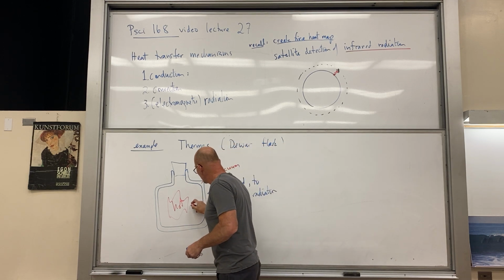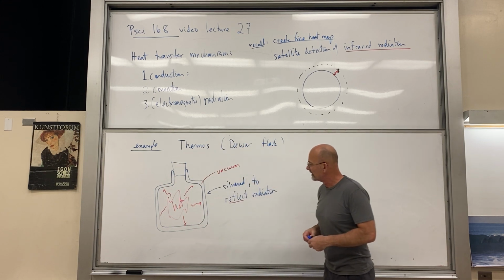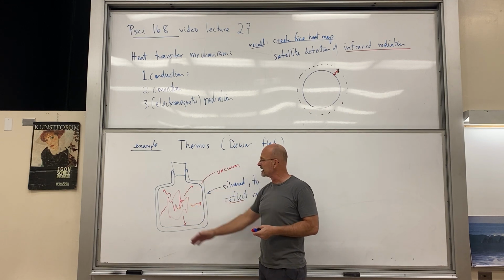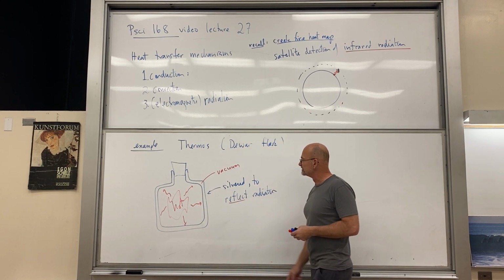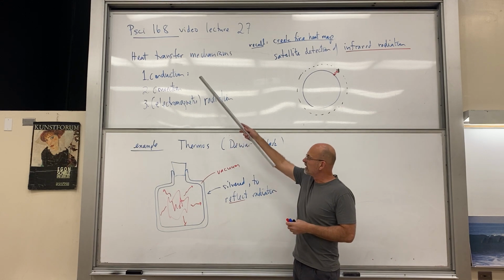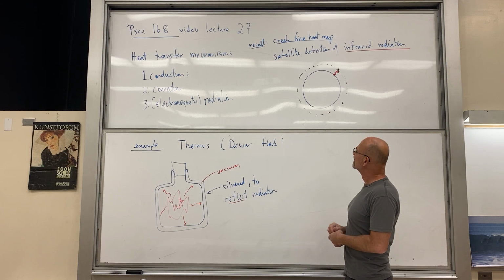Anything at all is always radiating electromagnetic radiation. And that is being reflected back in because it's silvered. So just understanding how a thermos works, you've got all three of these heat transfer mechanisms functioning. Okay, good.